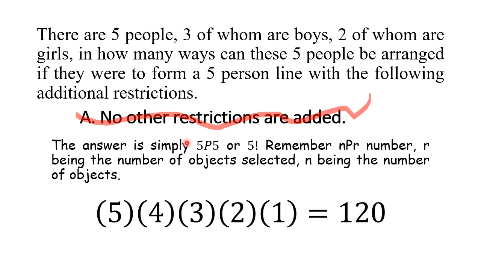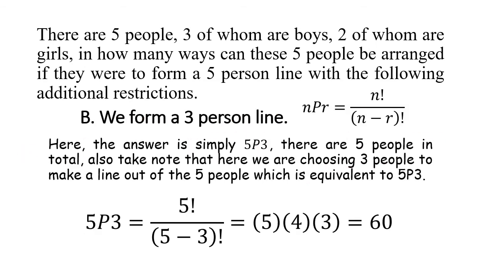The answer here is simply 5P5. 5 people in a 5-person line. Remember, 5 factorial, which is 5 times 4 times 3 times 2 times 1, which is equivalent to 120. Good job. Okay, next for number B.